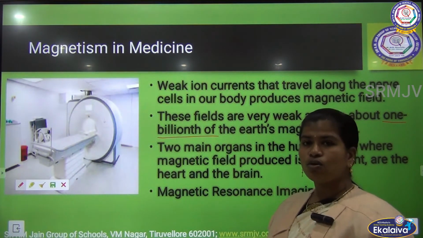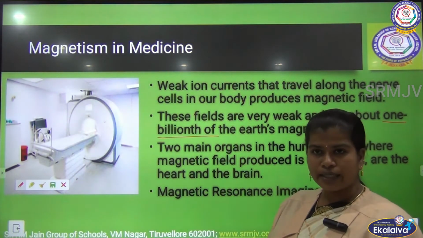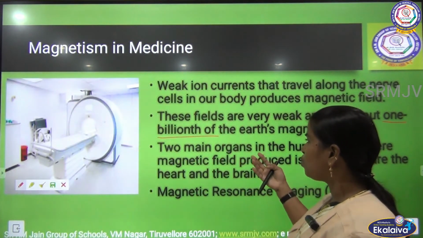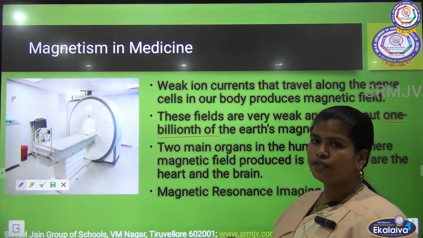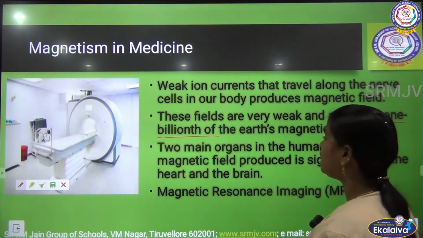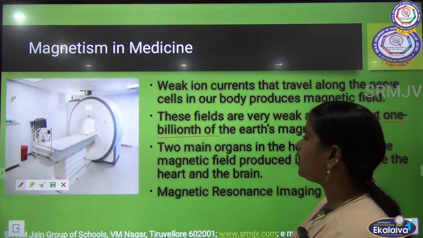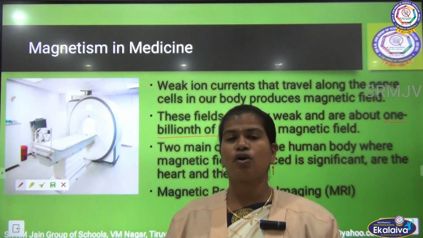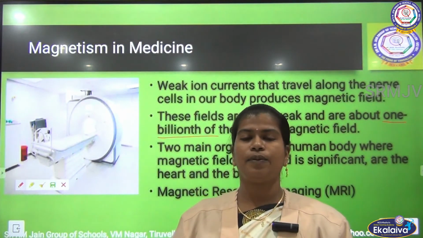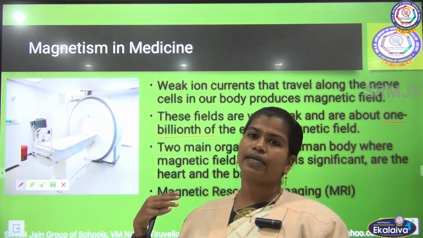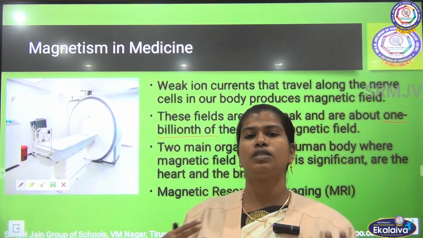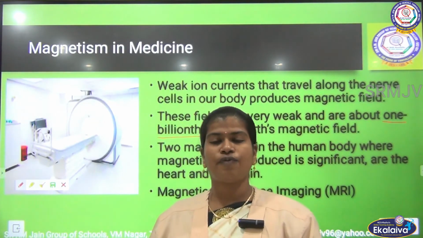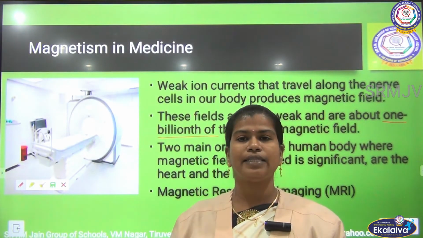We know that the earth also acts like a very big bar magnet, so around the earth we have so many magnetic field lines. Compared to that, our body produces only 1/1000th. In our body, in the heart and the brain, the blood circulation is higher, so the magnetic field produced there is also higher. An MRI scan is used to find out the magnetic field produced by these organs.